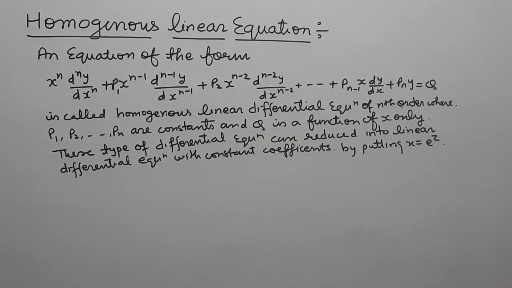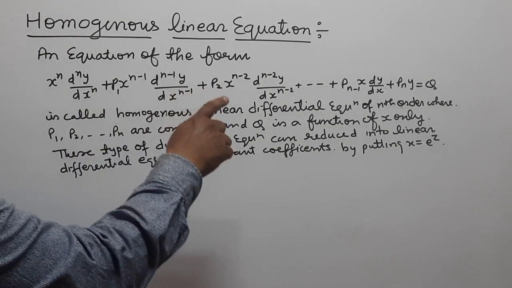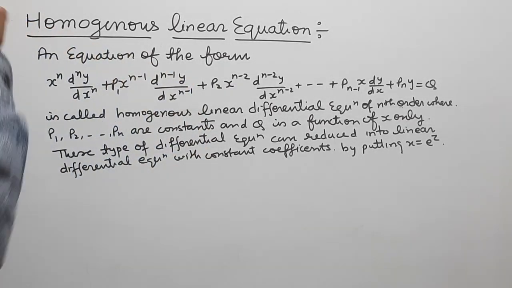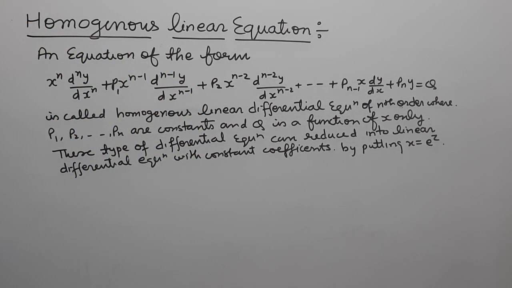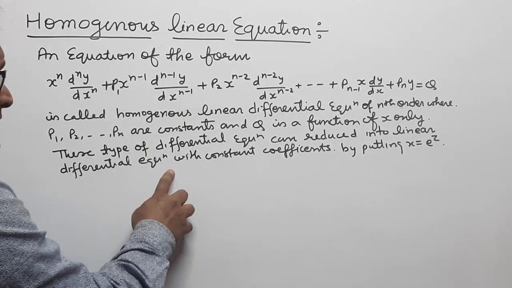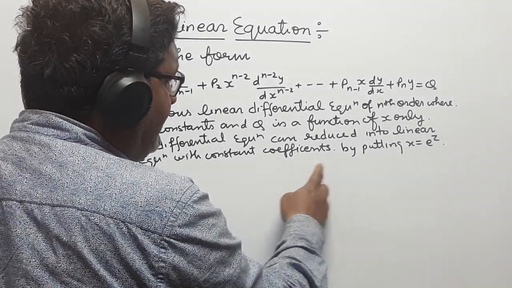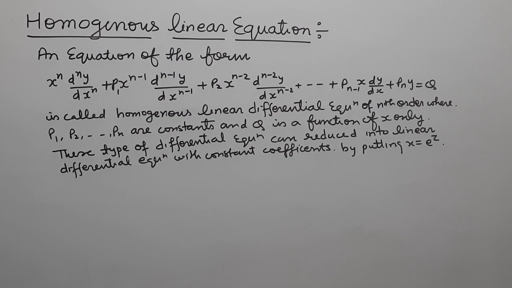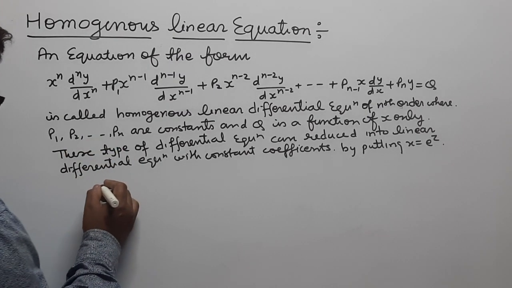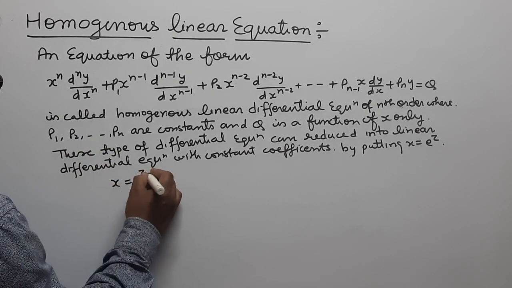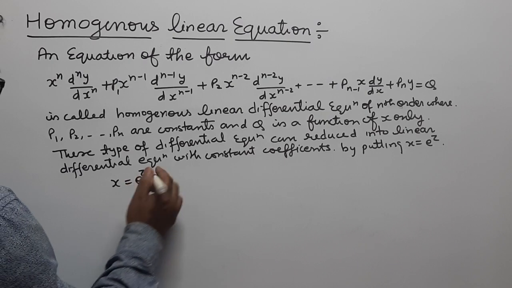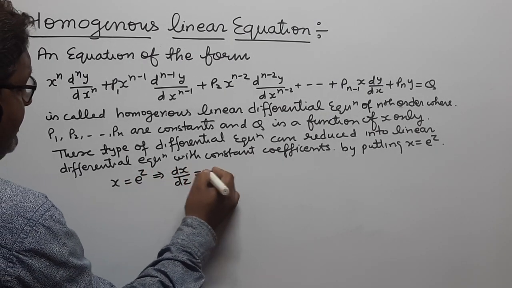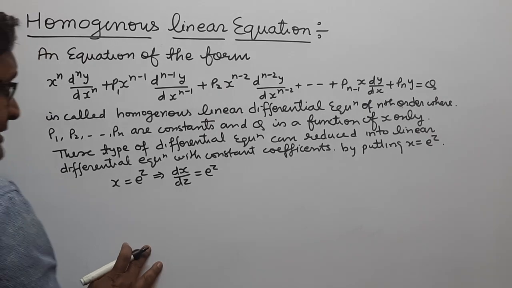You can see that if the given differential equation is homogeneous linear differential equation, then it can be reduced into linear differential equation with constant coefficient when we put x equal to e to the power z. Now when we put x equal to e to the power z, we differentiate this with respect to z, so we get dx upon dz is equal to e to the power z.